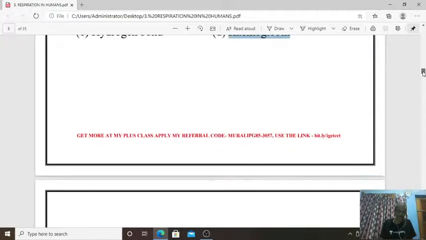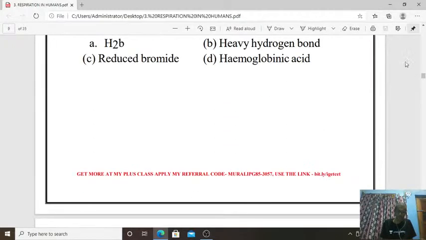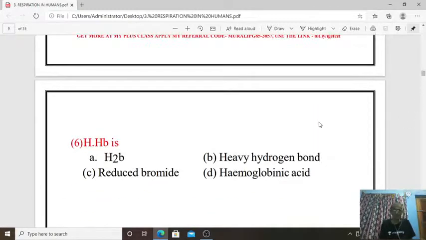Okay, the next question. HB is hemoglobin. What is HHB? It is hemoglobinic acid. When this hydrogen ion combines with the HB, when H plus is combining with the hemoglobin, it will form HHB, hemoglobinic acid. This is happening during the time of carbon dioxide transport under Hamburger's phenomena or chloride shift mechanism.